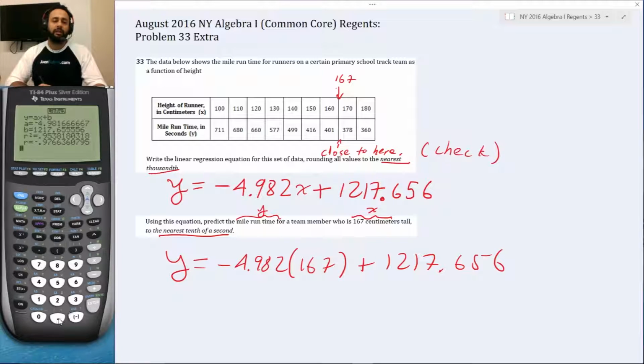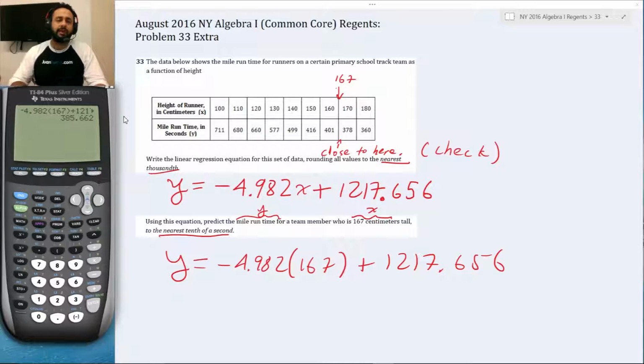So let's see, negative 4.982 times 167 plus 1217.656. Okay, and then we get 385.662, which is in between 401 and 378. So that's a pretty solid check. We know that this is the right answer.